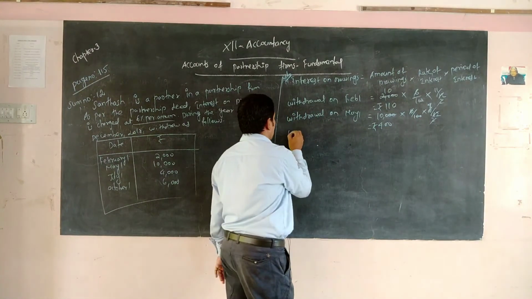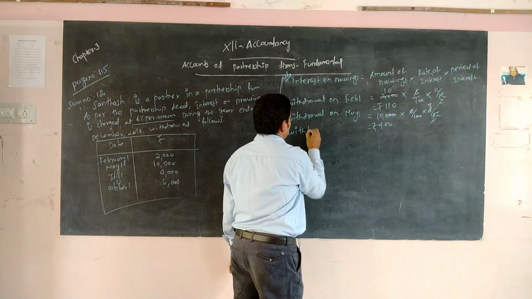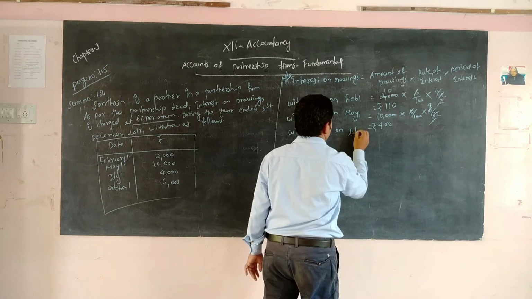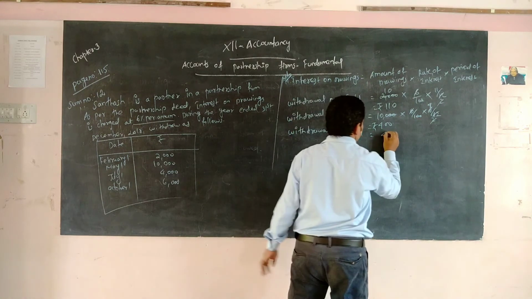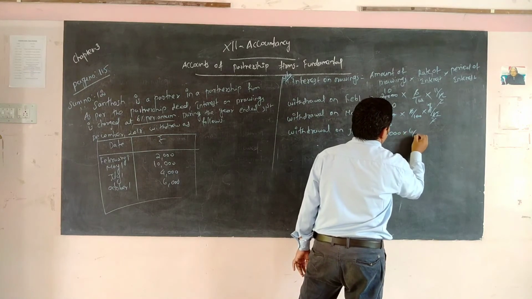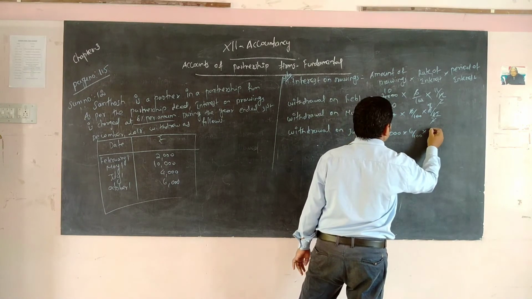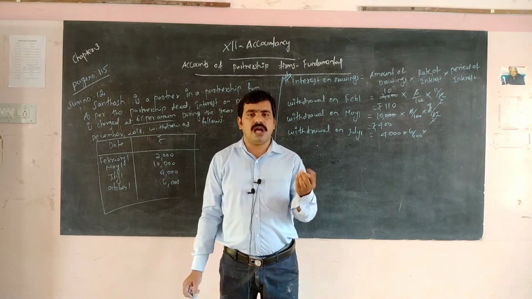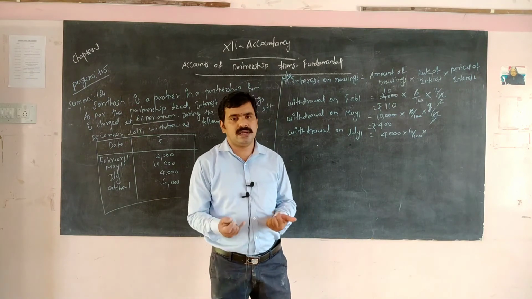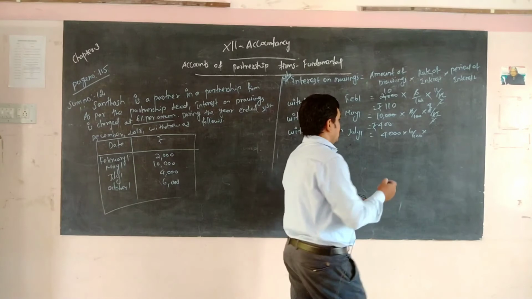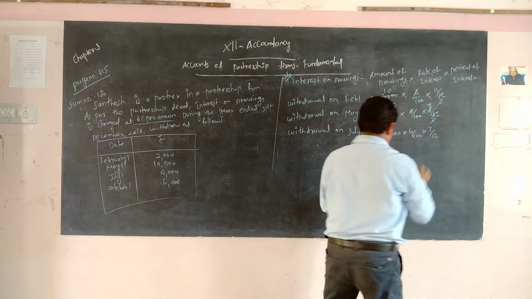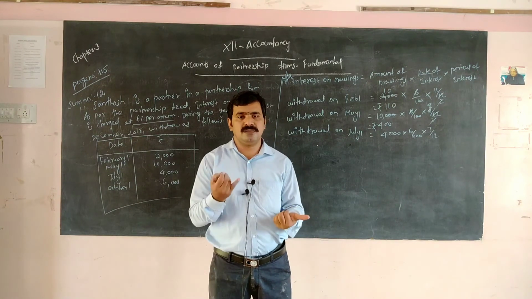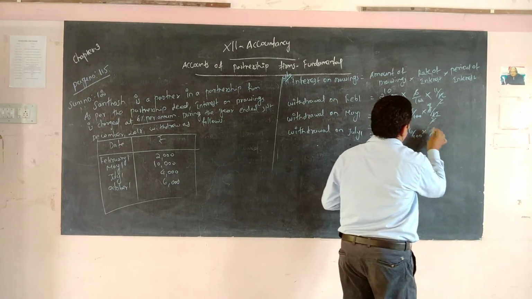The next one, withdrawal on July 1. The amount is 4,000 into 6 by 100 into July. July means July, August, September, October, November, December, so 6 months.